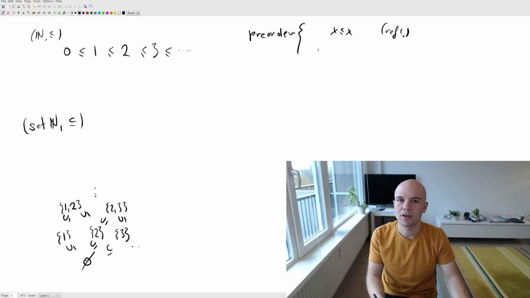And the other property that we require of a pre-order is transitivity. So if 0 is less or equal than 1 and 1 is less or equal than 2, then 0 is also less or equal than 2.